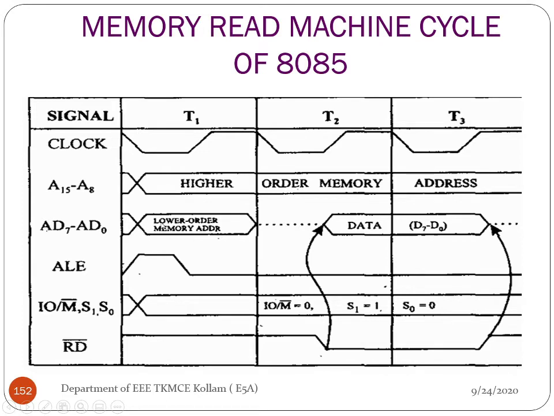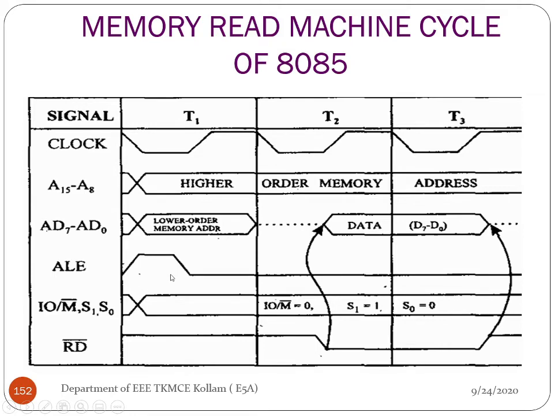But the MPU needs the low order address during the second and third clock cycles also. So by means of an external D latch along with the ALE signal, the address latch enable signal, it is possible to make this low order address available during the second and third clock cycles also.